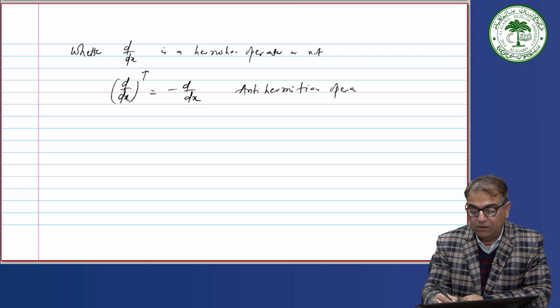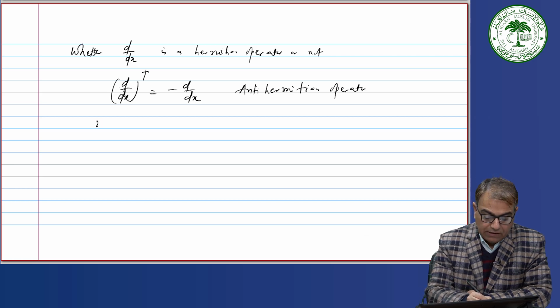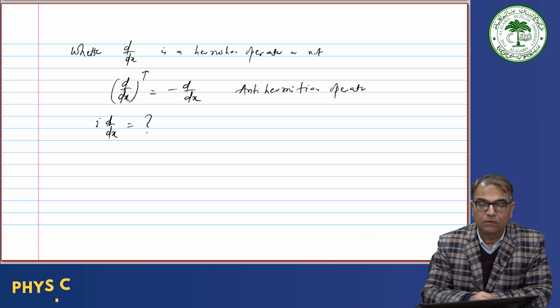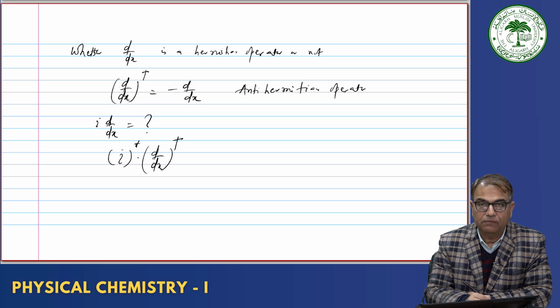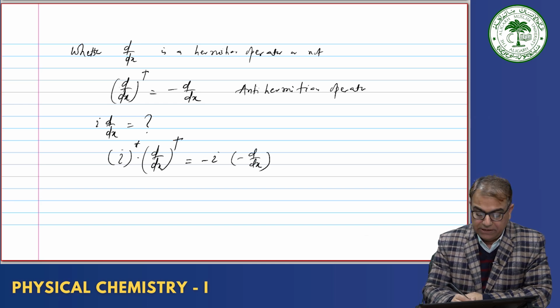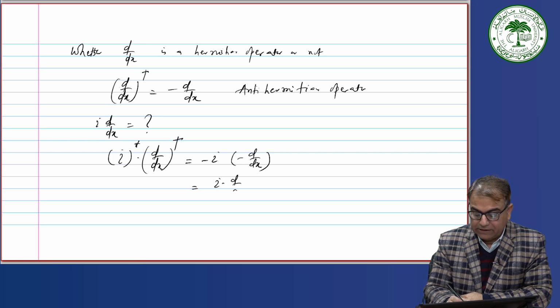What about i d/dx? I take the complex conjugate of this and take the dagger of this. So it will be minus i, and d/dx dagger will be minus d/dx, so minus minus is plus, and it is i d/dx.